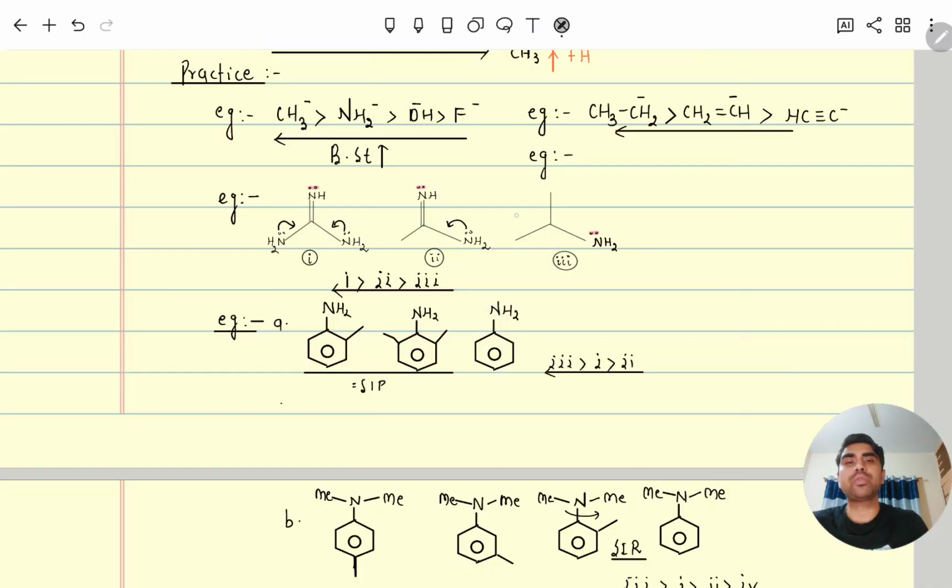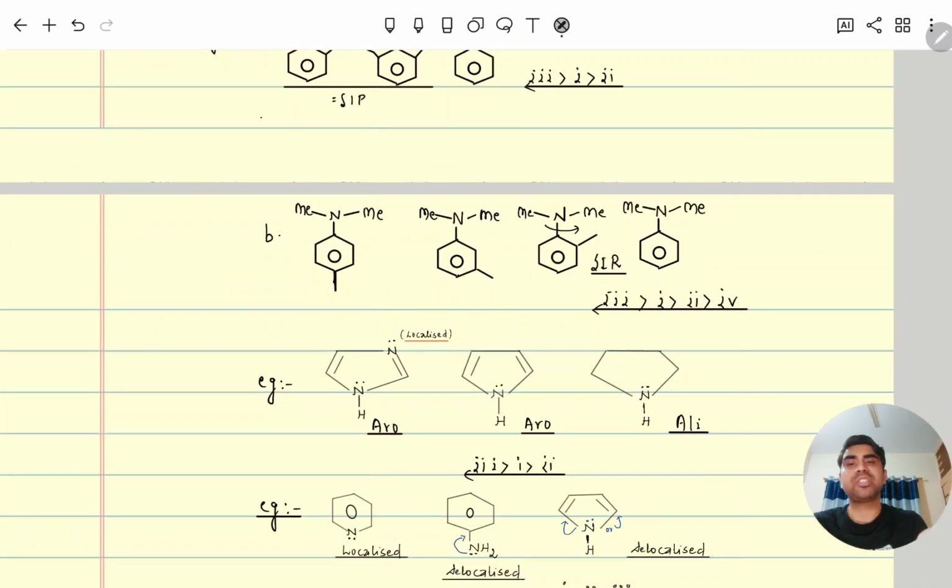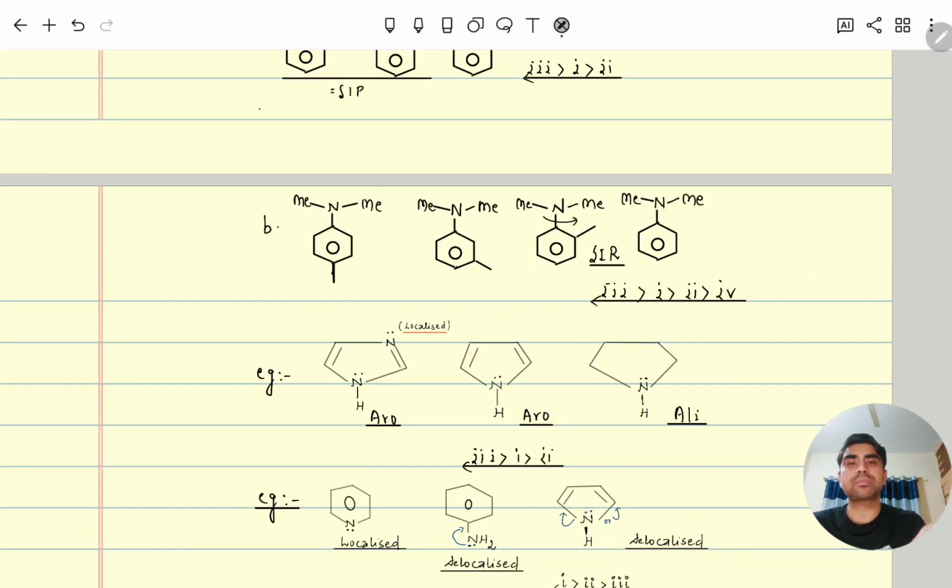Clear? Next, moving here, you can see this is not an amine, this is N,N-dimethyl. So if suppose it is there, this is the SIR effect, this is not SIP. As it will rotate, due to that it now becomes delocalized. Localized lone pair.